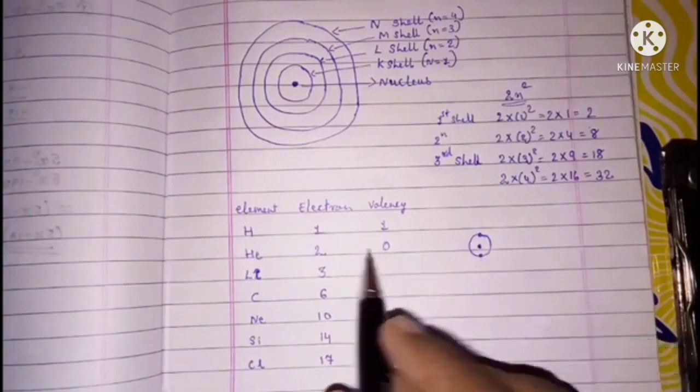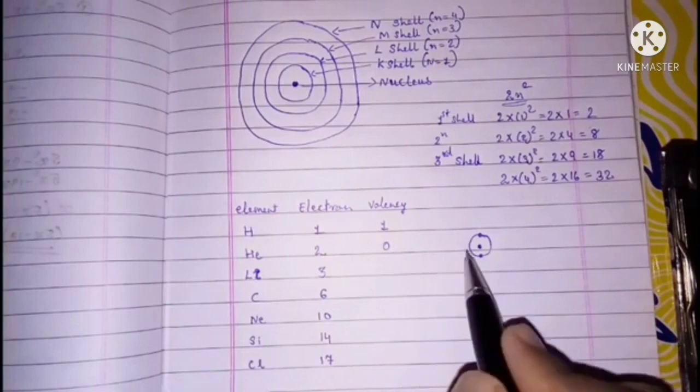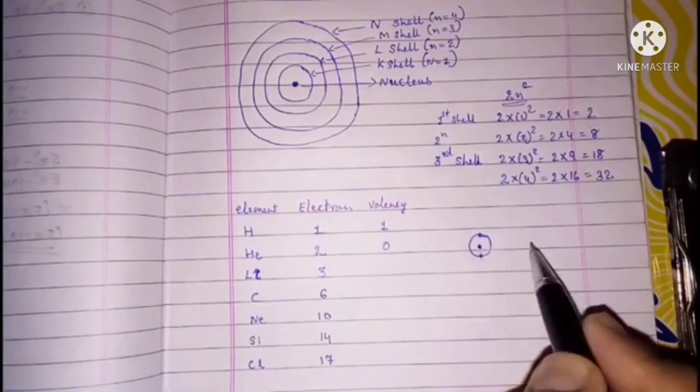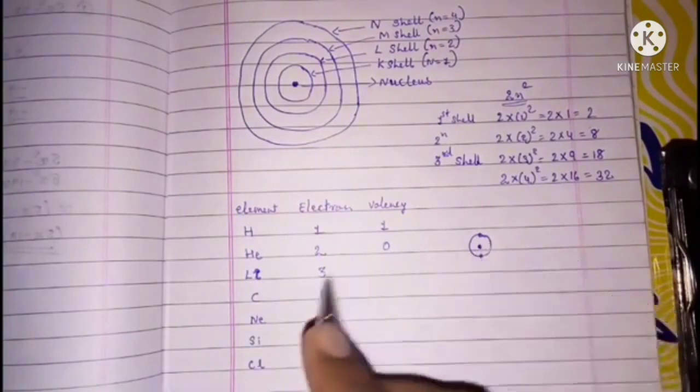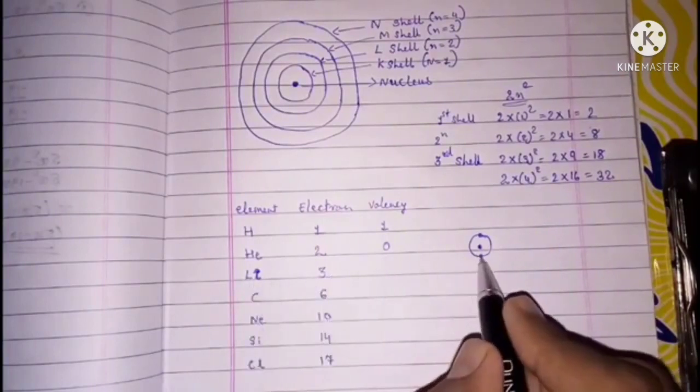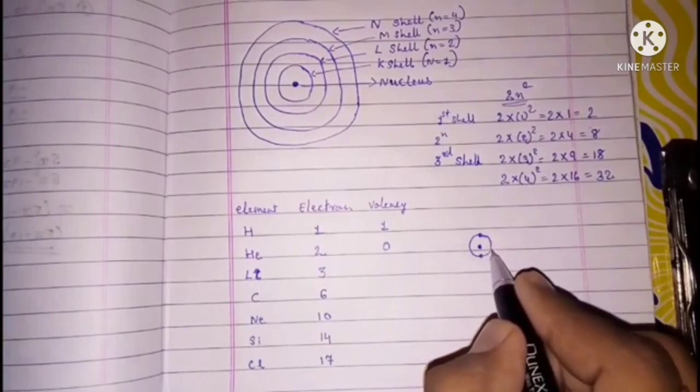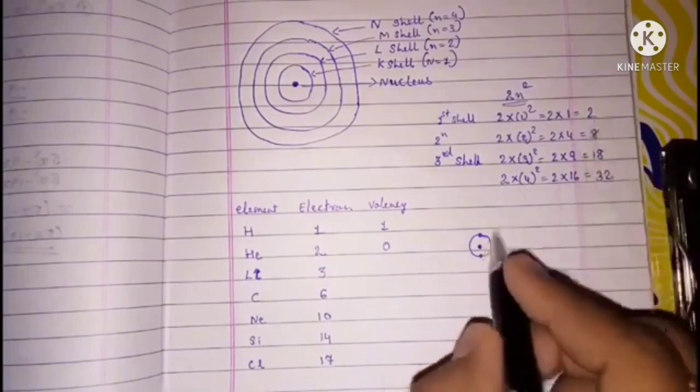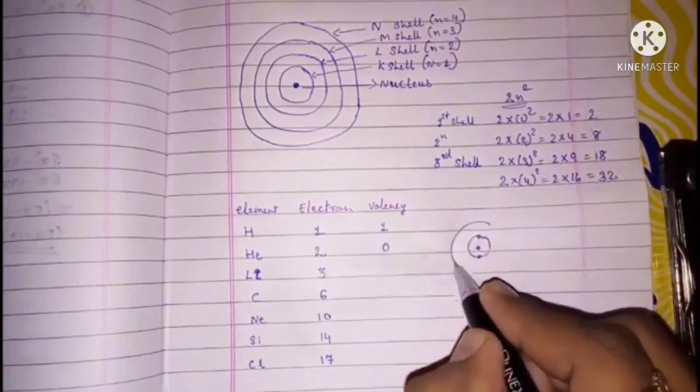What about lithium? The atomic number of lithium is 3. That means 3 electrons are there. Now distribute these. In the first orbit you distributed 2, completed. Don't take 3 in the first orbit, only 2 electrons you have to take in the first orbit.